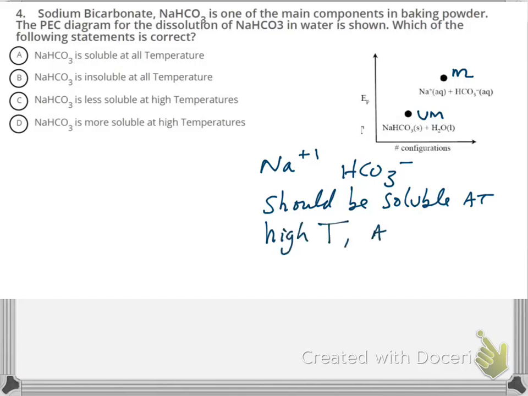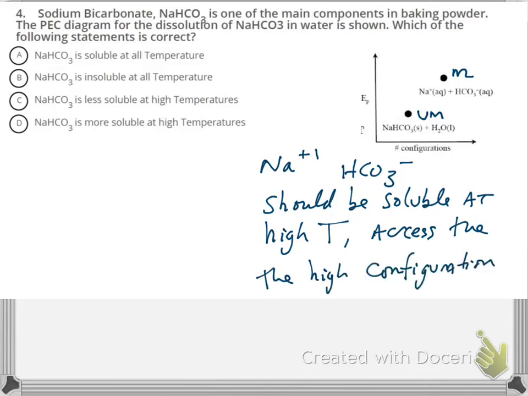Okay, and so at higher temperatures, as we increase the temperature, we should access the high potential energy state, which is mixed. Since solubility is a measure of how much mix there is, if we have more mixed at higher temperatures, we expect the solubility to increase. So we access the high configuration state.